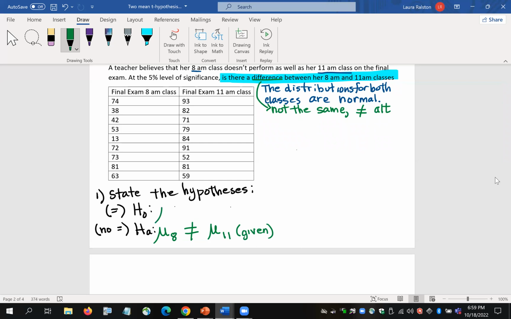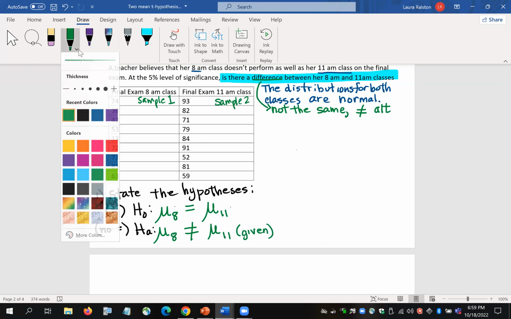So it would be that the mean for the 8 a.m. class is equal to the mean for the 11 a.m. class. So I am considering the 8 a.m. class as sample 1 and the 11 a.m. class as sample 2. Again, that may help me keep it straight when I go into Minitab.